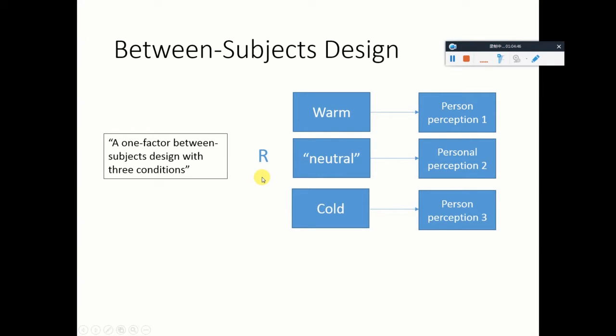In this case, we call it a one factor design because all these three things are the values of the same factor, interpersonal warmth. It is a between subject design because through randomization, different people are assigned to different conditions. And later on, we'll compare the differences between these participants who are assigned to these different conditions.